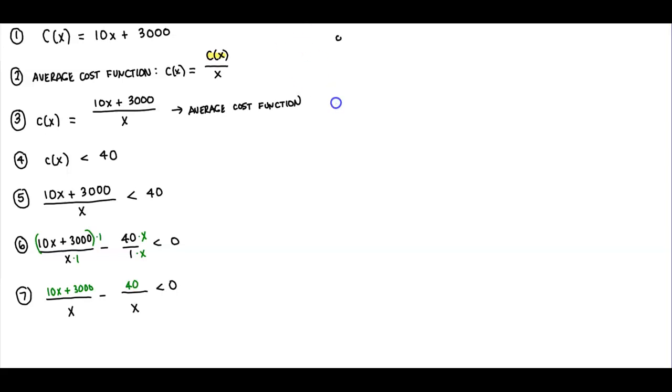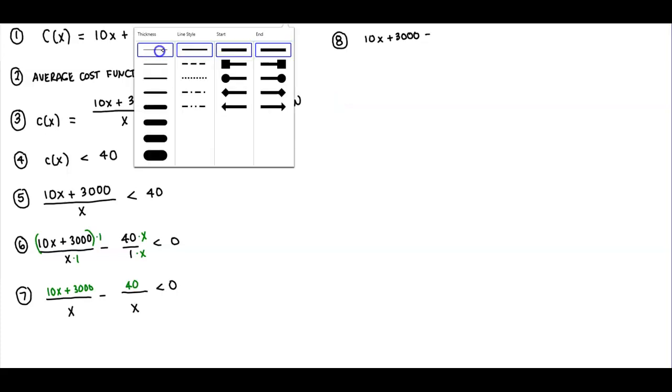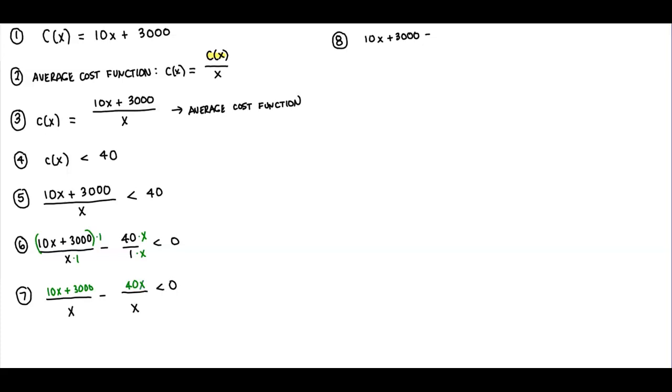Combining the numerators, we have 10x plus 3,000 minus 40x, divided by x, and that's less than 0.